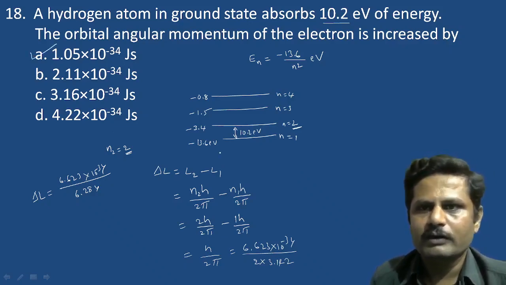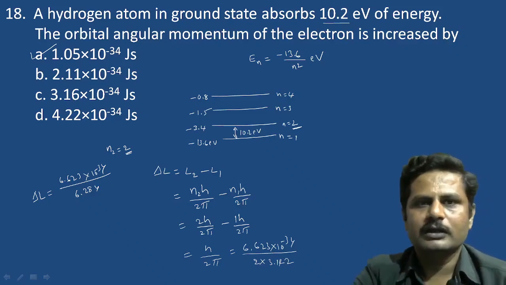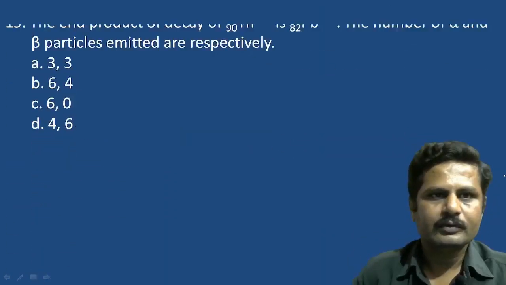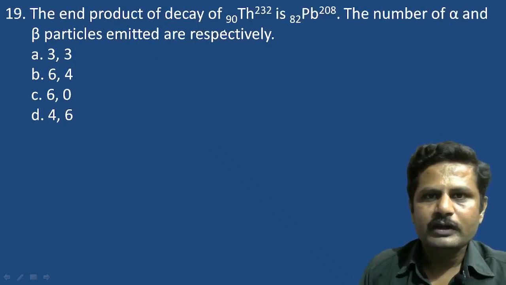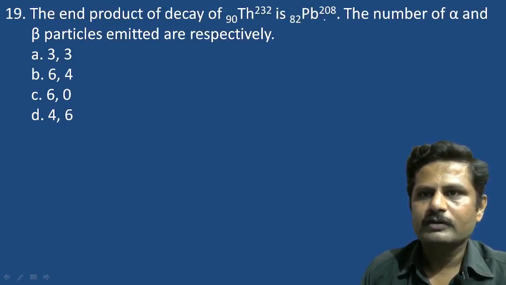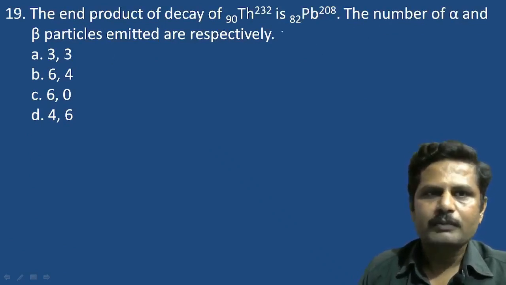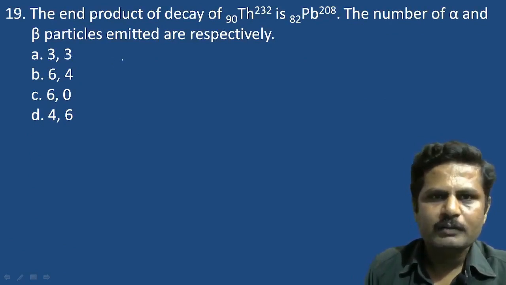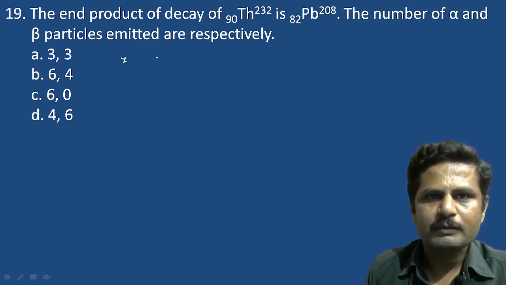Okay, let's have a look at the 19th question, that is, the end product of decay of thorium is lead. The number of alpha and beta particles emitted are. Let me consider the number of alpha particles as x and the number of beta particles as y.